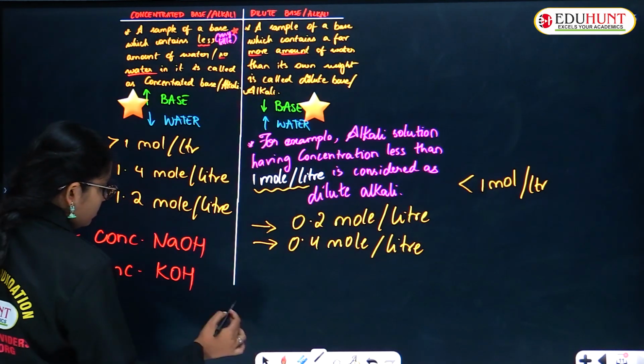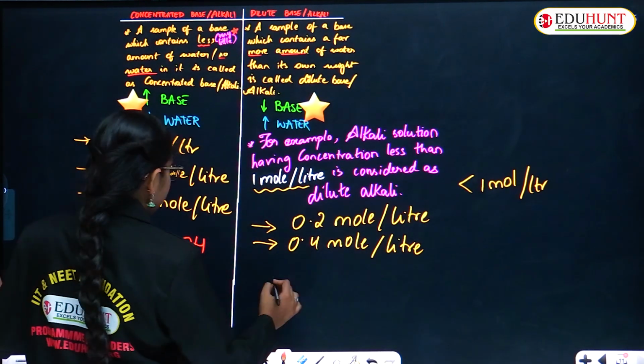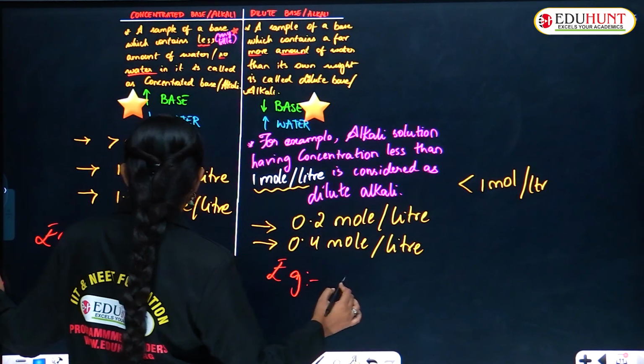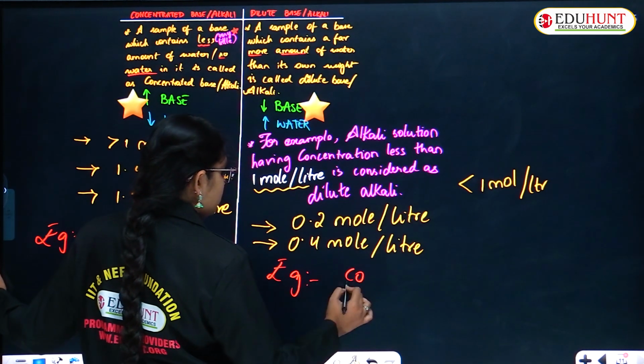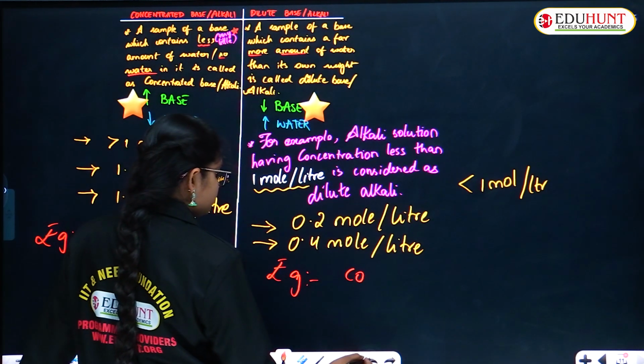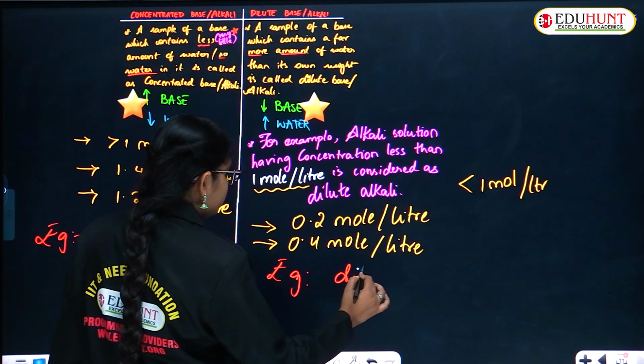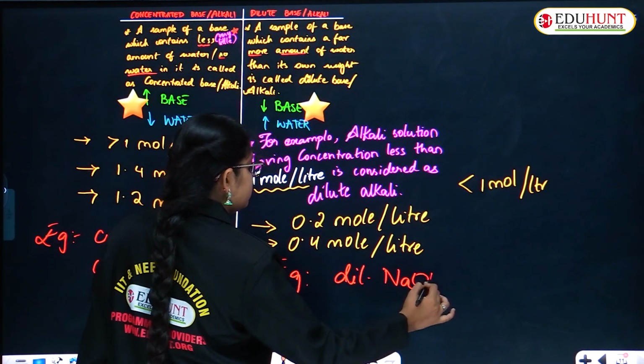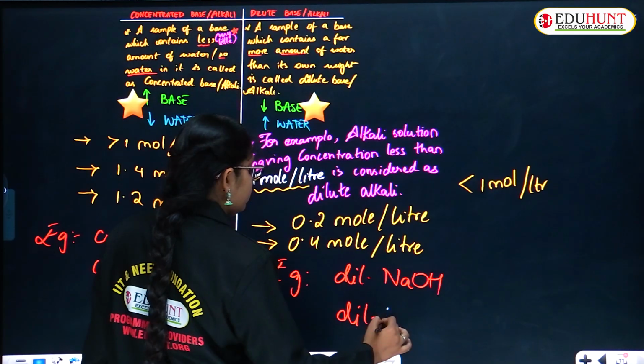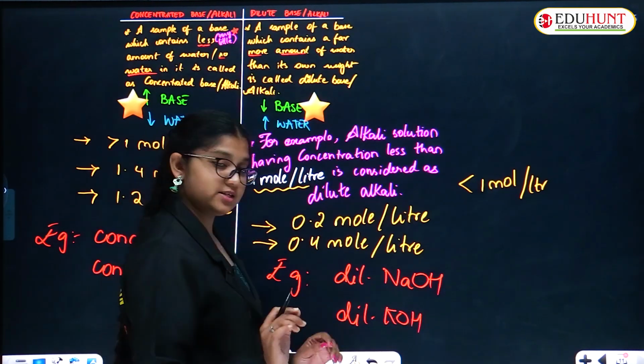That's it. Okay. The examples for dilute are dilute NaOH and dilute KOH. The base is the same, children.